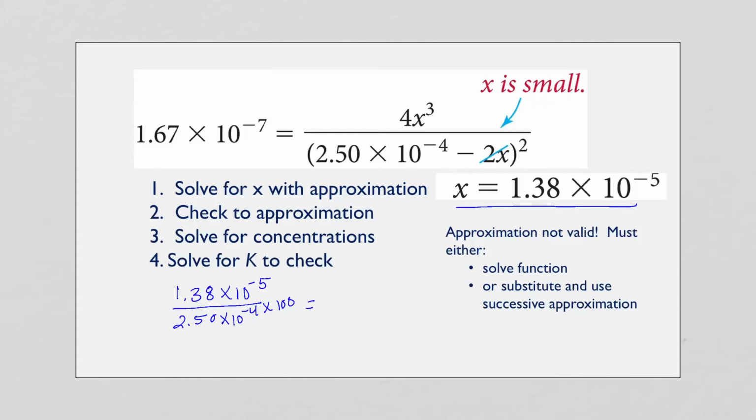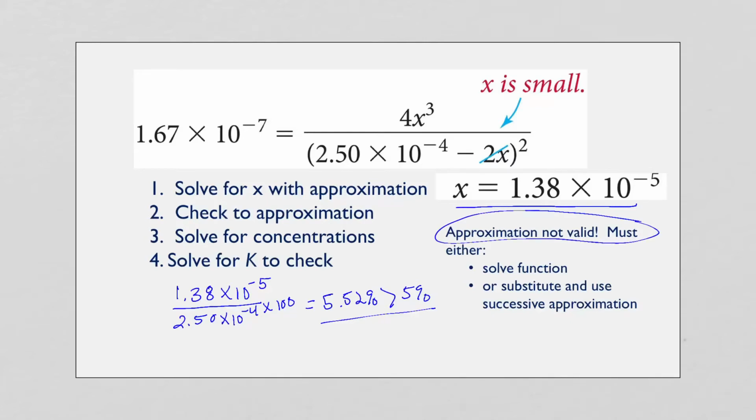We get about 5.52%. And we can see this is greater than our 5% cutoff, and so the approximation is not valid here.